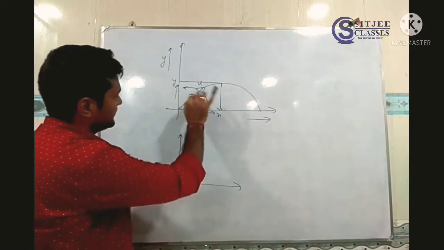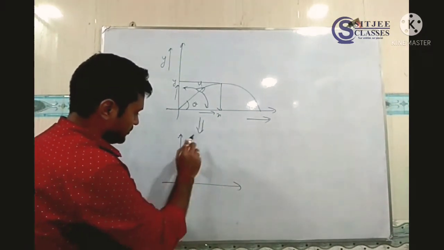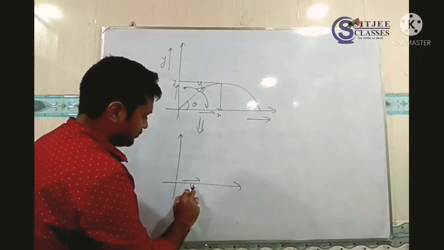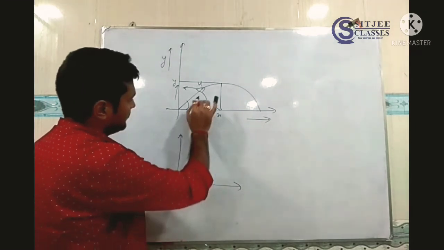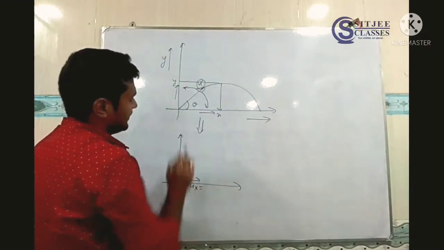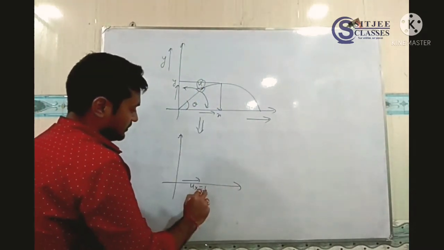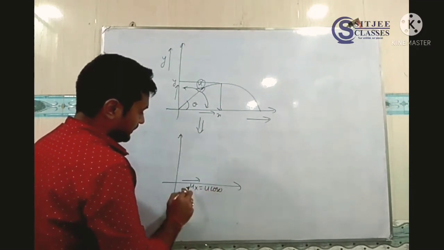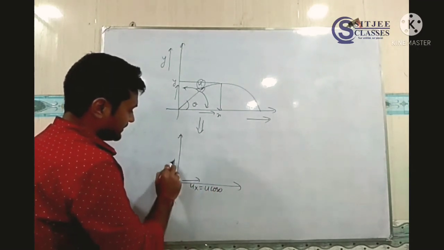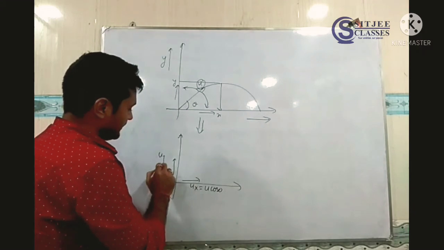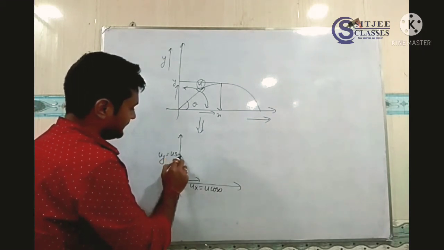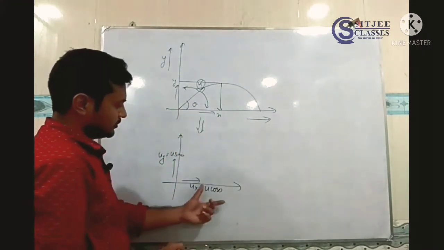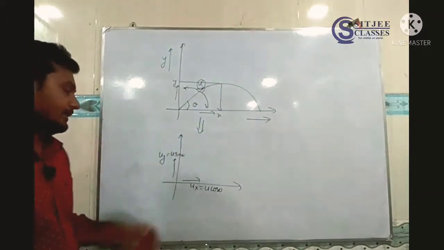If you take the projection on the x-axis, then we are going to get here ux, which is the initial velocity projection. I am talking about the x-axis. So this is going to be u cos theta. The same projection when you take on the y-axis is called uy, and this is u sin theta. You know very well, the adjacent one is cos and the opposite one is sin.